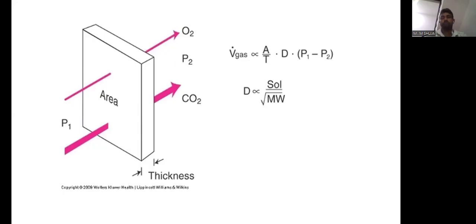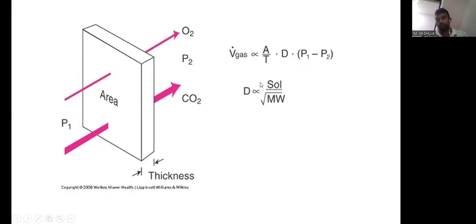So if you put that in an equation, the volume of gas transfer is proportional to the surface area times diffusion coefficient times pressure gradient, divided by thickness.